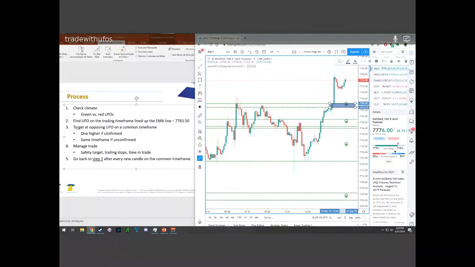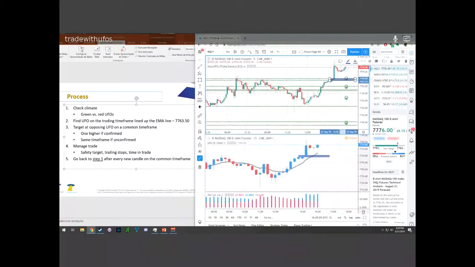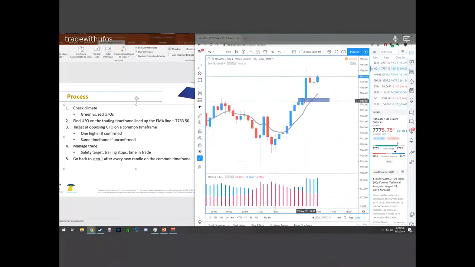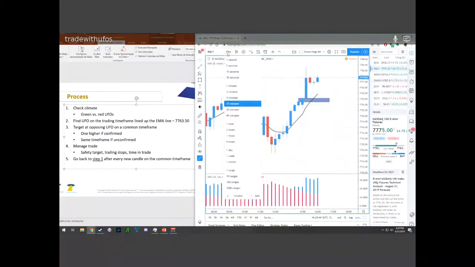So step 3 says, let's look at the opposing UFO for our target on the common time frame. Okay, so going back here to the common time frame, you can see it already kept track of where we're coming in. And now, because we are, again, in a confirmed environment in an uptrend, we'll go ahead and look at one higher time frame of the common, which will be, in our case, the 60-minute time frame.